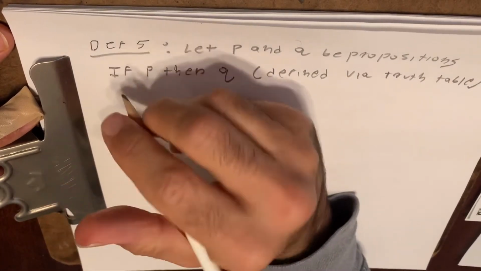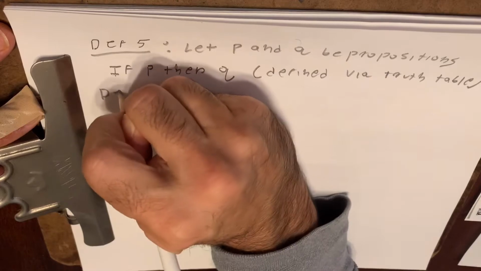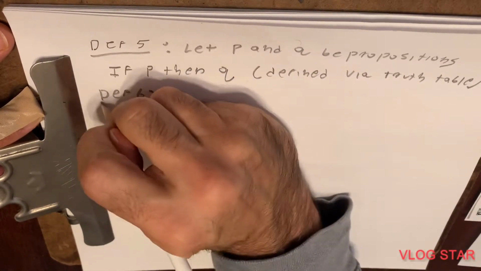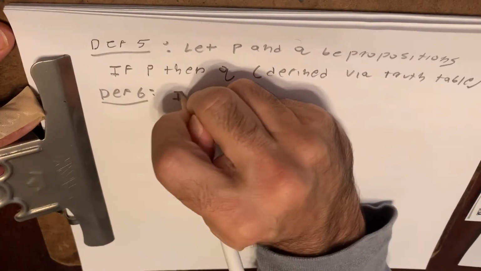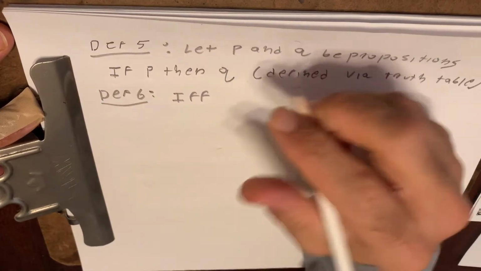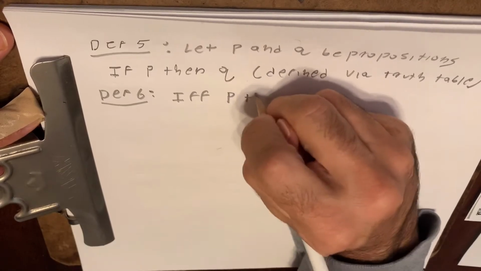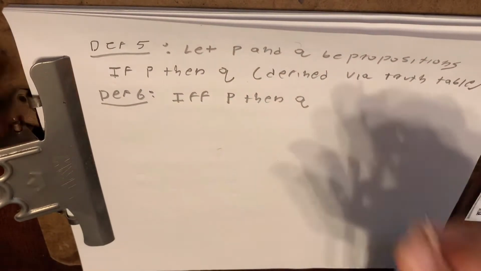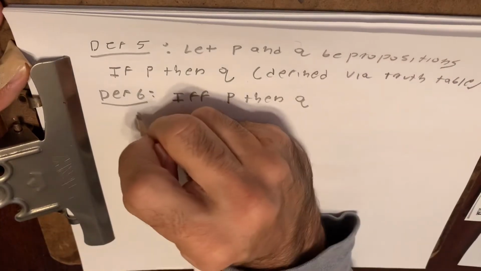And I also want to define, I'll call this definition 6, if with two F's, P then Q, and the two F's is actually read if and only if.